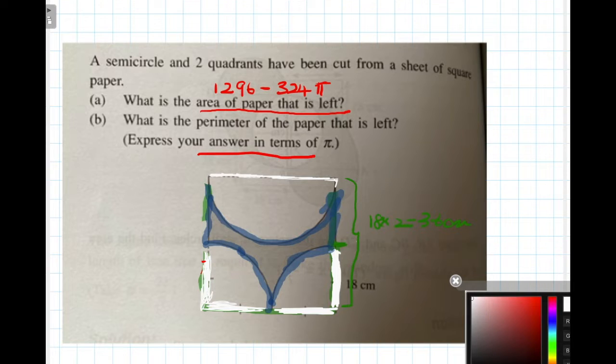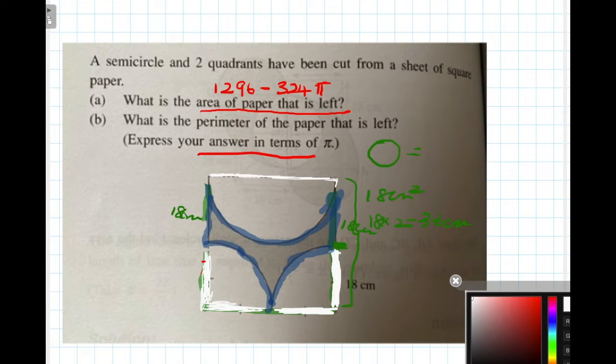And you know that this is one full circle, correct? Because of the semicircle and 1/4. So I can find the perimeter of a whole circle, and then I must add back this 9 here. I know that this 9 here is 18, because here it says it's half of the box.